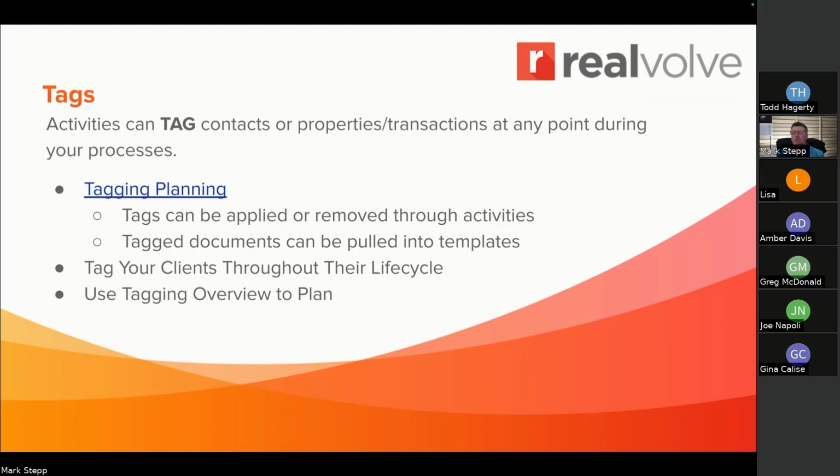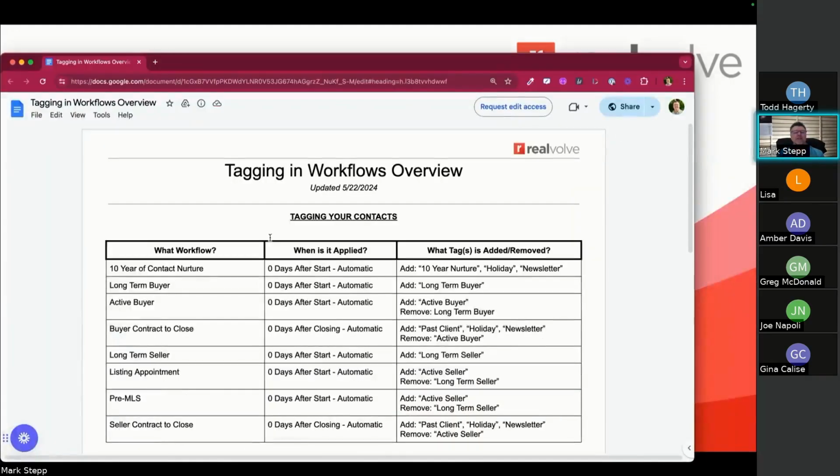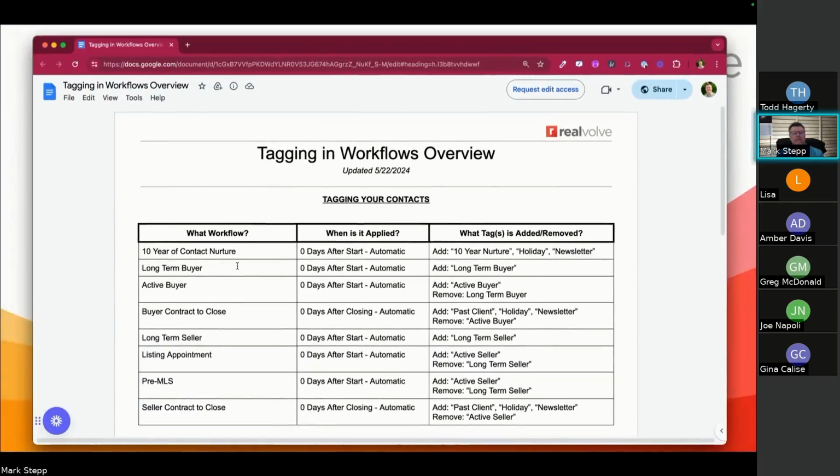Basically, this allows you to say, based off of any kind of workflow that I'm starting, the very first activity in that workflow could be set up 0 days after the start date as an automatic activity to add the tag, whatever it is that you want to add: 10-year nurture, a holiday newsletter, long-term buyer.